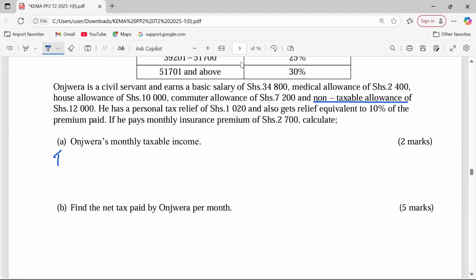So monthly taxable income should be given by the basic salary, 34,800, plus all taxable allowances: medical 2,400, house allowance 10,000, commuter allowance 7,200. So I'm getting 54,400.